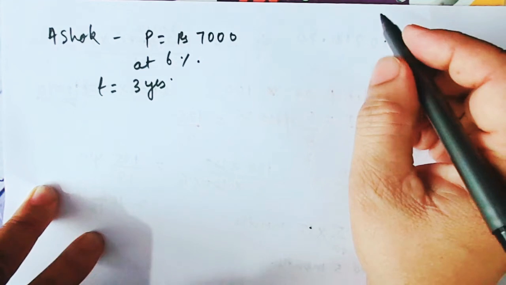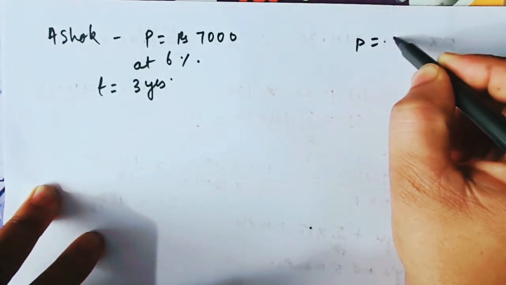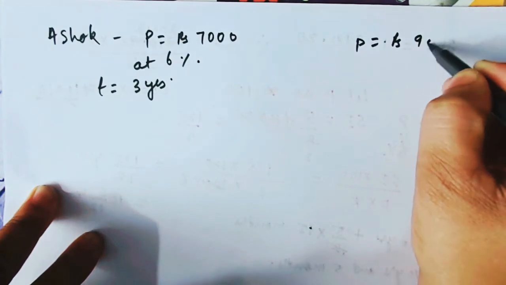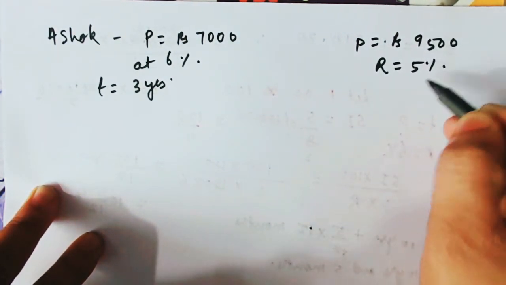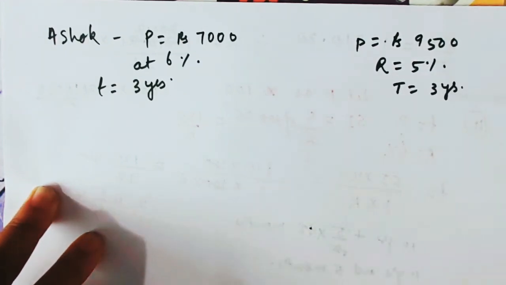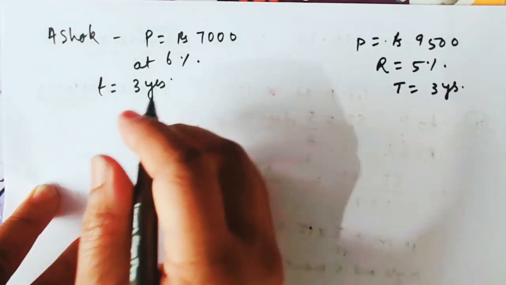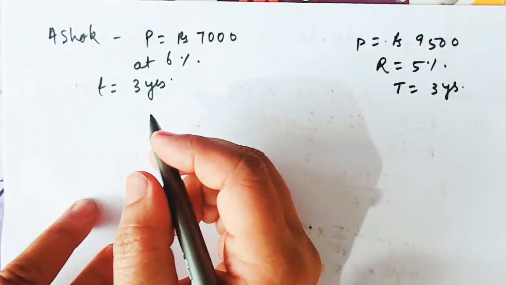And he had also lent principal rupees 9,500, rate equal to 5%, time equal to 3 years. What are they asking? Find his total income from the interest in 3 years.